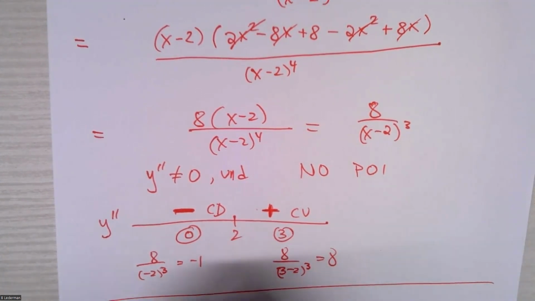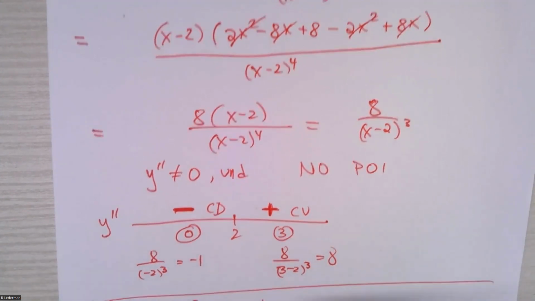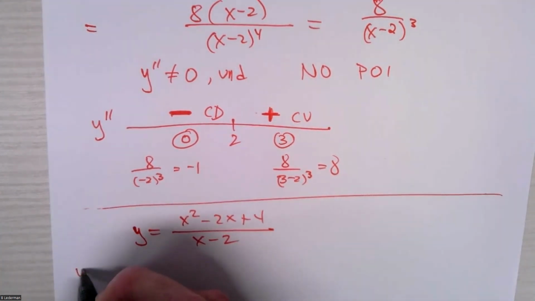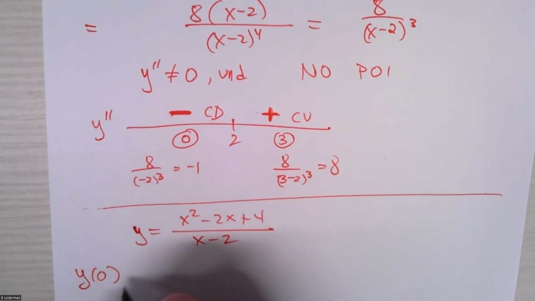The original function was y equals (x squared minus 2x plus 4) over (x minus 2). And I want to look at the max I got and the min I got. So the max I got was at x equals 0, and the min was at x equals 4. So I wanted to find y of 0, and I also want to find y of 4.